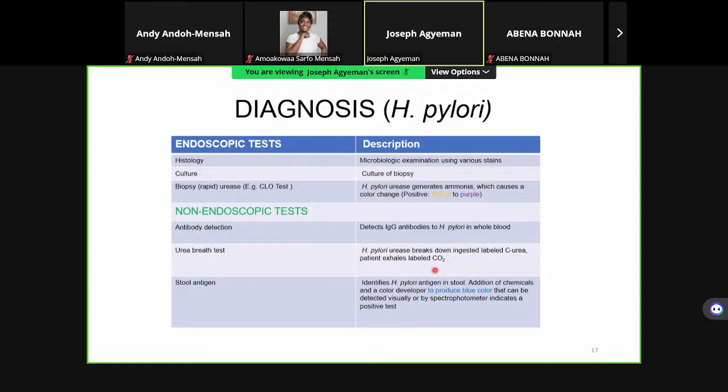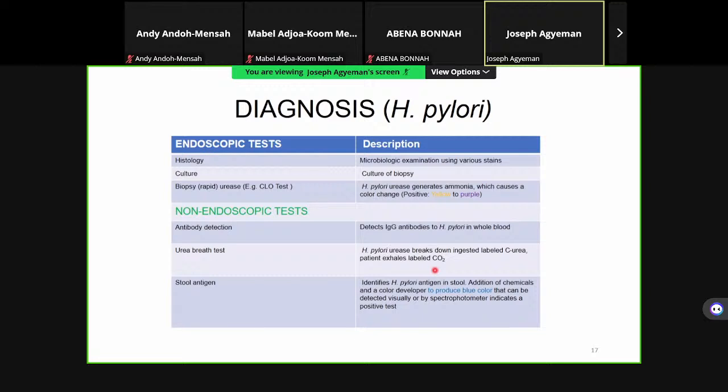The urea that will be used in this test, the carbon dioxide in there will have the carbon that is labeled. So when you breathe out, and the urease is able to break that labeled carbon in the urea down, then the labeled carbon that will come out will be detected. Then we say that you have tested positive for the carbon-13 urea breath test.